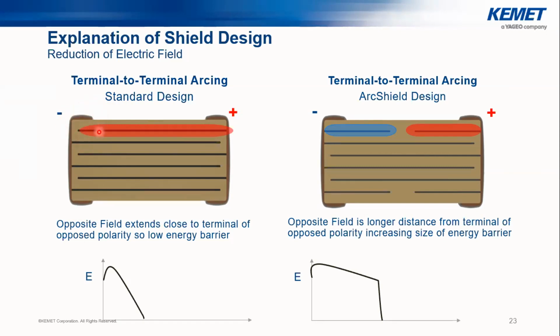So we have low energy barriers, but in the arc shield design, when it comes to terminal to terminal arcing, we have the opposite field at a longer distance from the terminal of the opposite polarity, and in this case we increase the size of the energy barrier.